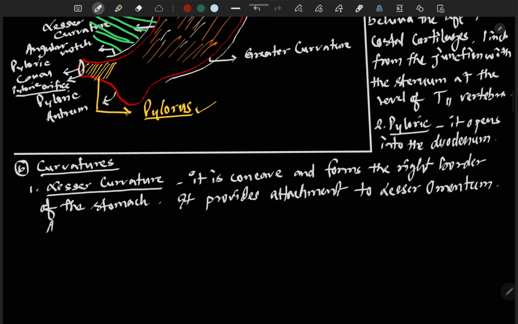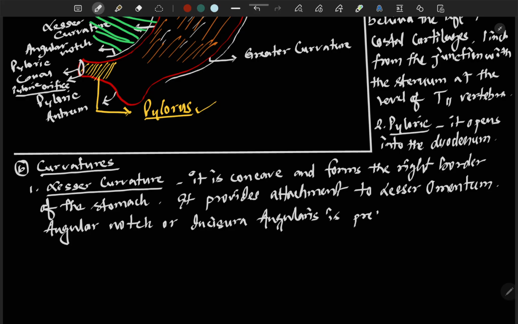Another is the angular notch, or it is also known as incisura angularis, present over the lesser curvature.